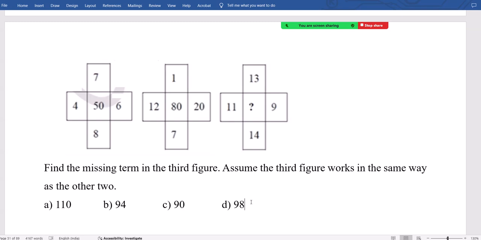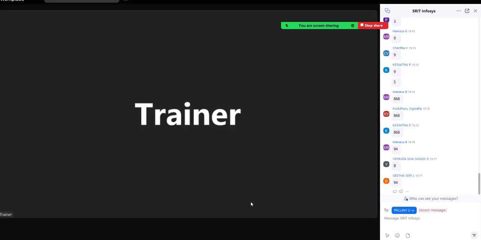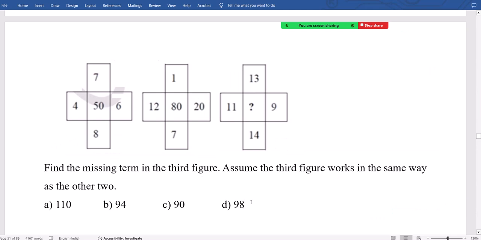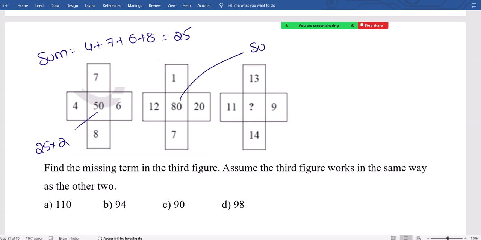Find the missing term in the third figure. Yes, 94. Okay. Now see, sum of all outside values, if you add all those, we got 25. Double is middle value. This is also again summation double.